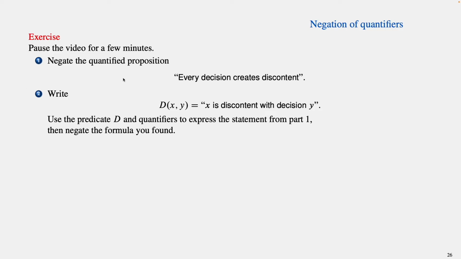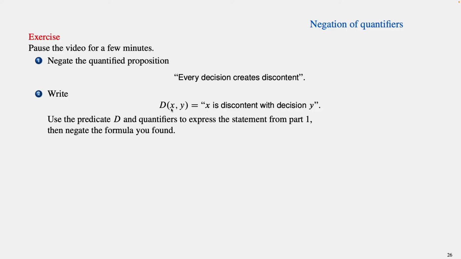The first is look at the proposition "every decision creates discontent" and negate this statement. And the second part is to do this in a more formal way. So we write the following predicate D, depending on two variables x and y, which states x is discontent with decision y.